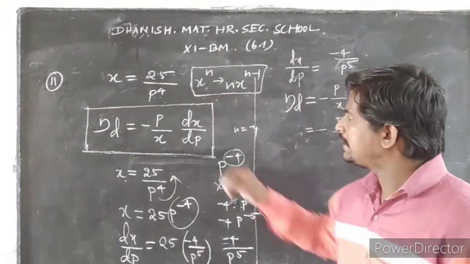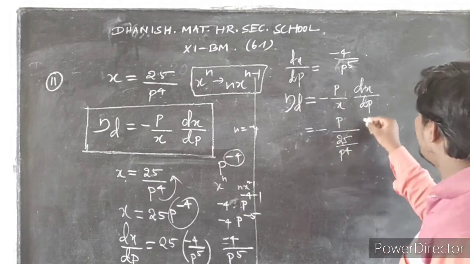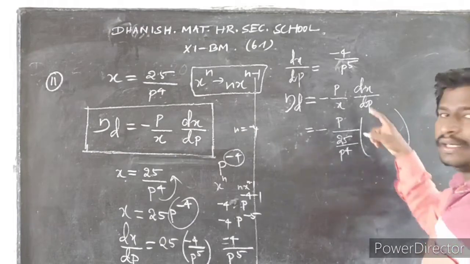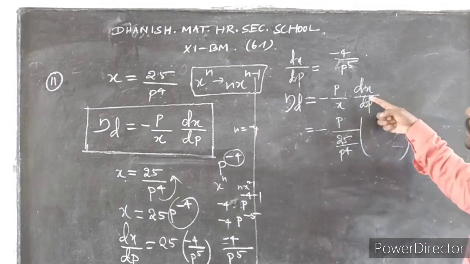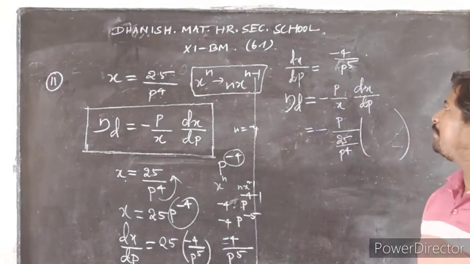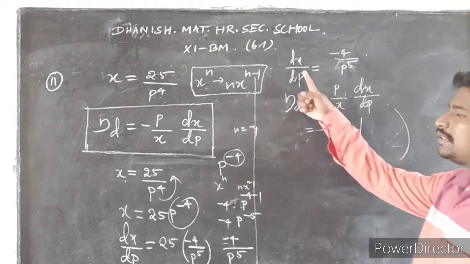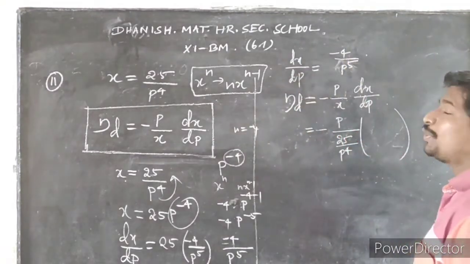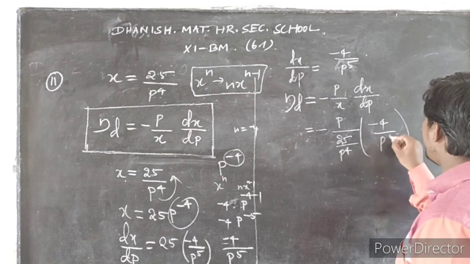What is our x? 25 by p power 4, into dx by dp. Here we have dx by dp as minus 4 by p power 5. So, minus 4 by p power 5.